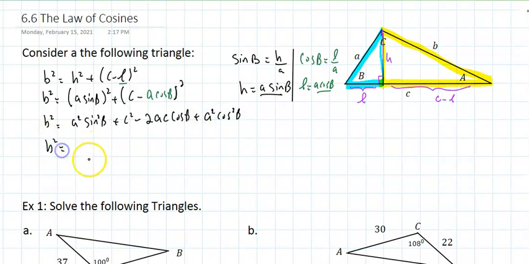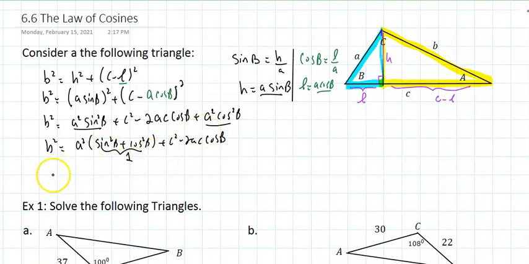B squared will equal, if I factor an A squared out of those, that's sine squared of beta plus cosine squared of beta, plus C squared minus 2AC, the cosine of beta. And I know that sine squared plus cosine squared is 1. So B squared equals A squared plus C squared minus 2AC, the cosine of beta.